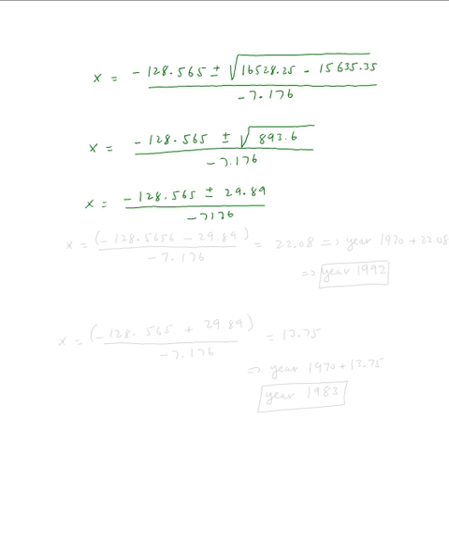So this is two numbers. Let me rewrite both of them. Minus 128.565. Here's one number. And then here's the second one.